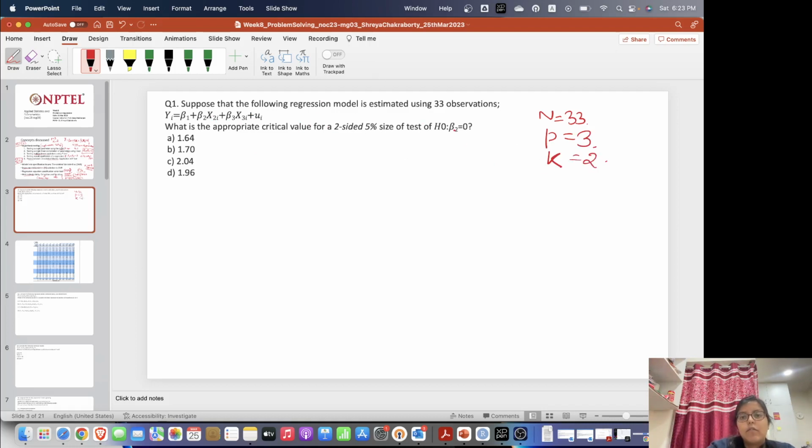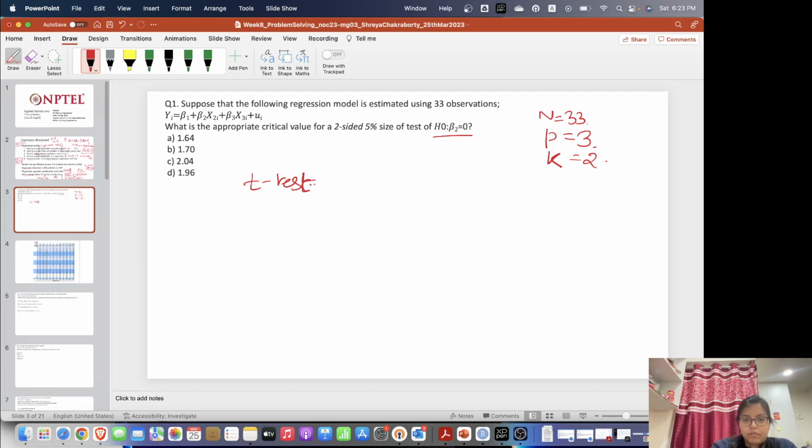Now we have to test H naught: beta 2 equals 0. So we need the appropriate critical value for this. We know we have to do a t-test.